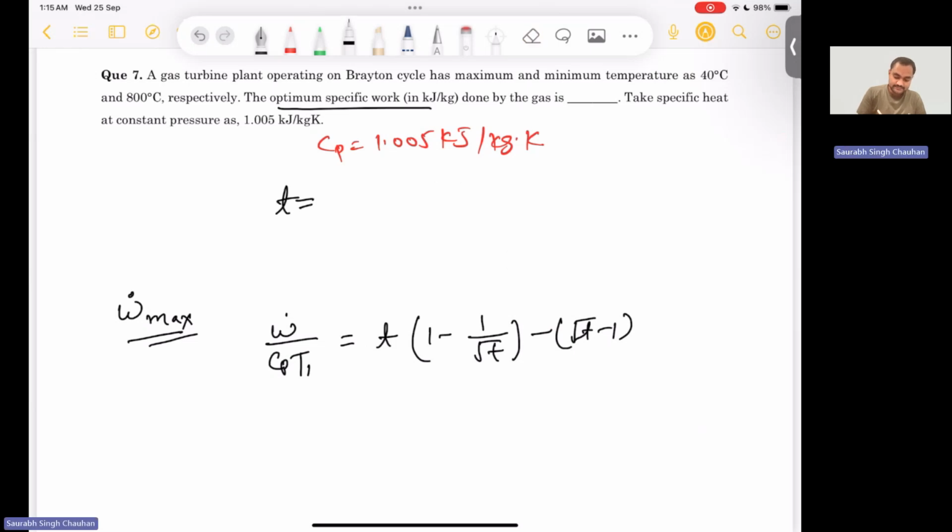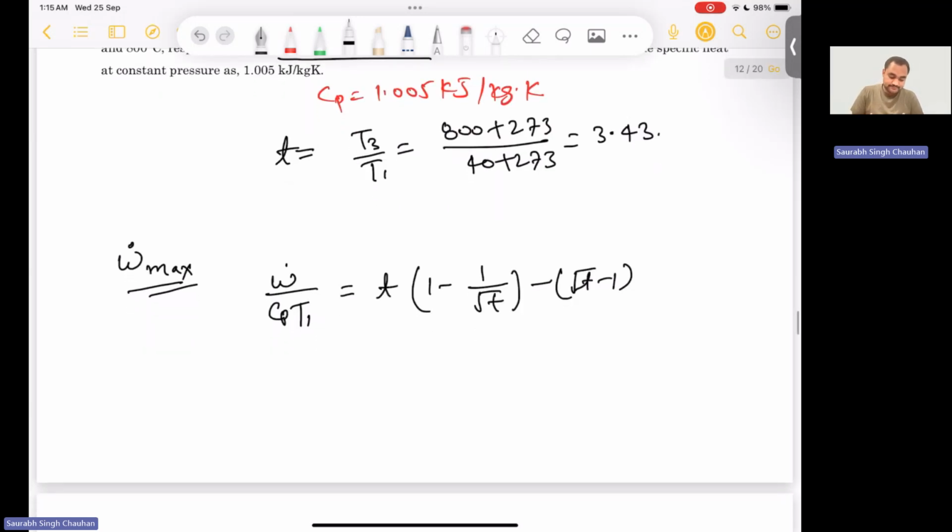T is T3 by T1, that is 800 plus 273 divided by 40 plus 273. If you calculate this value, it will come out to be 3.43. Again, please check this calculation.